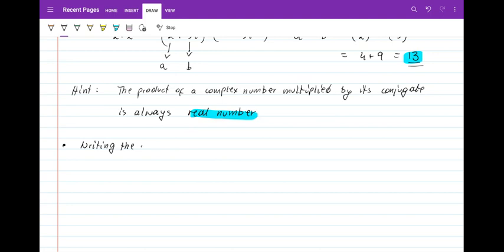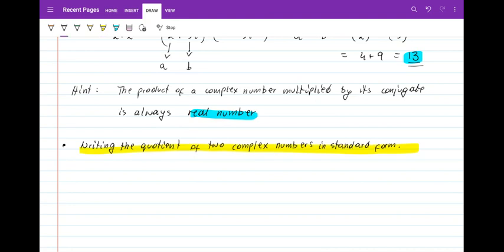So, writing the quotient of two complex numbers in standard form. This is important.